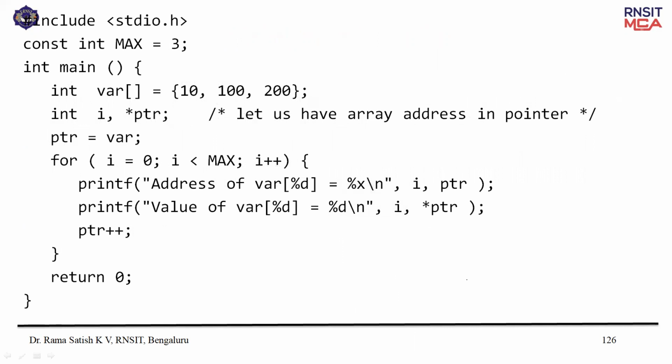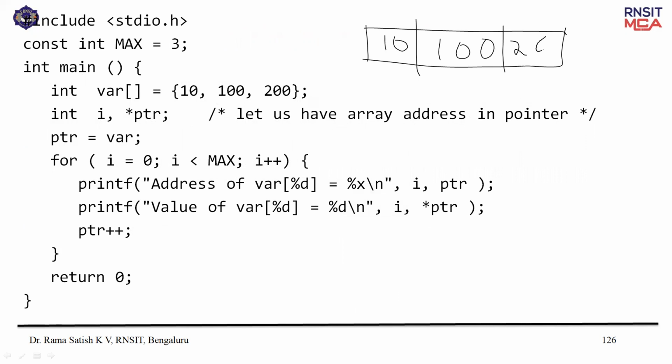So here is one example. I've already shown this example in the last class; again, I'm repeating. You have a 3-value array: look at array 10, array 100, and array 200. This array is supported by a pointer.